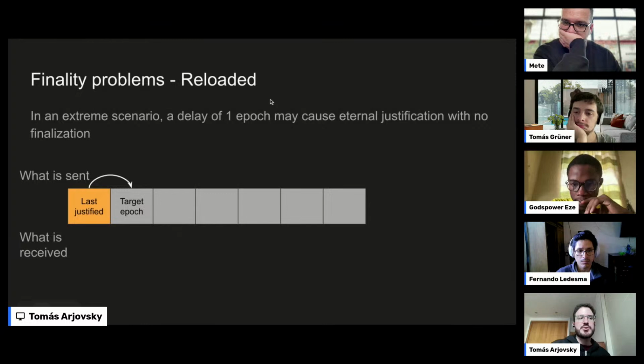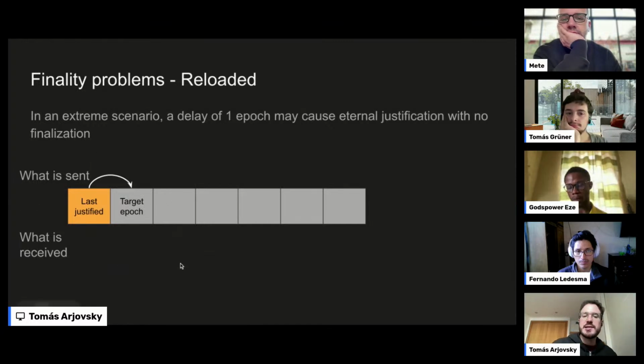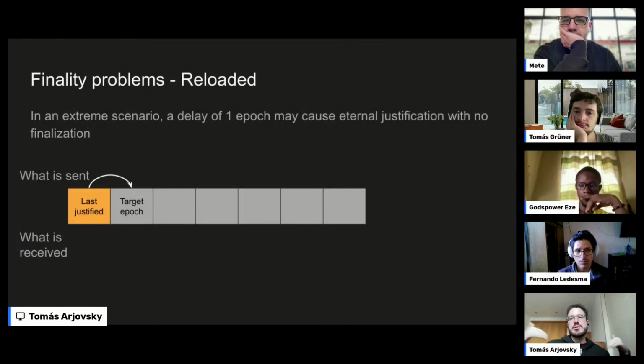So as we saw, we have a big problem here, which is network delays. This is not a normal network delay. We are modeling this as a delay, but it could also be that validators are offline and I'm just not reaching a supermajority link. What we are saying is that for some strange reason, we're receiving attestations a couple of epochs afterwards, which is extremely weird.